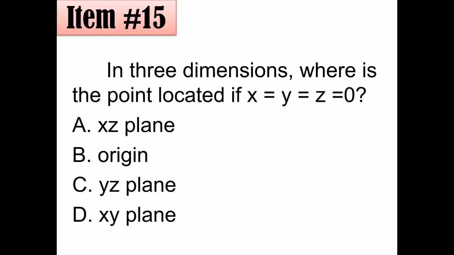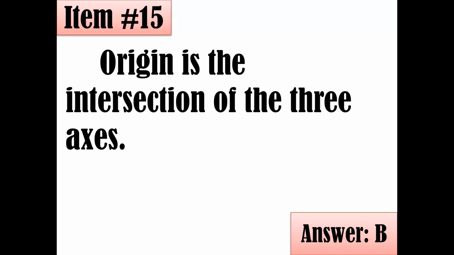15. In 3 dimensions, where is the point located if x equals y equals z equals 0? Ibig sabihin po, lahat yung x, y, z ay 0. Okay? We call that? Very good. We call that the origin.